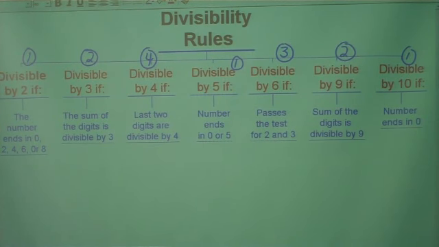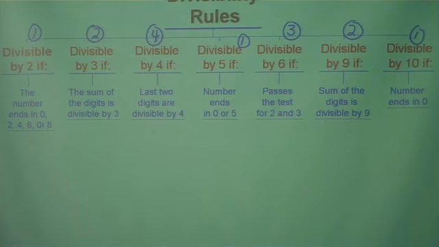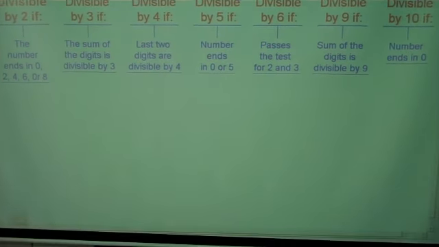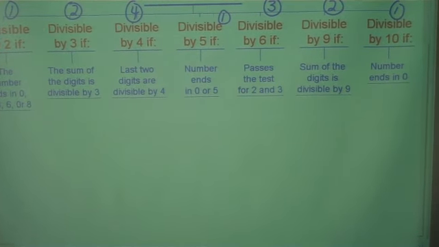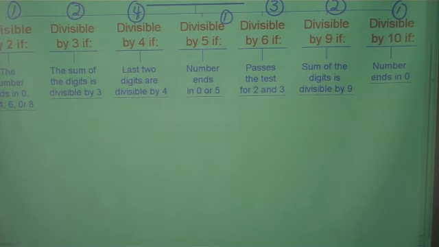So we're going to take a couple of numbers and do the divisibility test to see which numbers they are divisible by. The first number we're going to look at is 150. We're going to test this number for 2, 3, 4, 5, 6, 9, and 10.